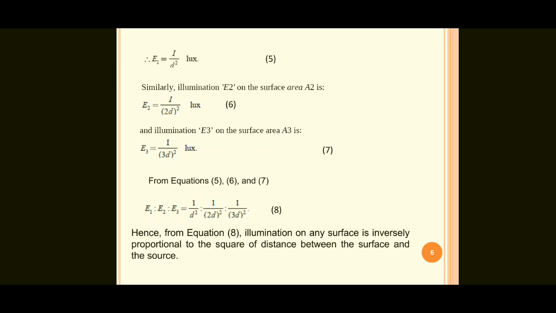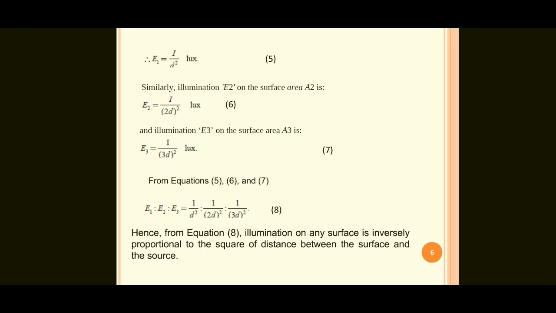Hence, from equation 8, the illumination on any surface is inversely proportional to the square of the distance between the surface and the source.